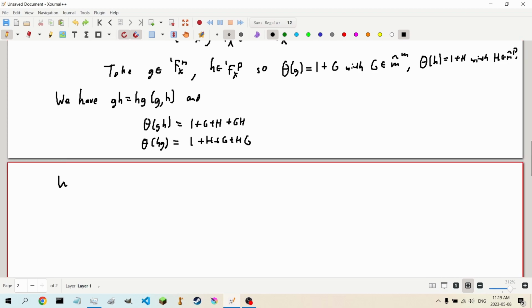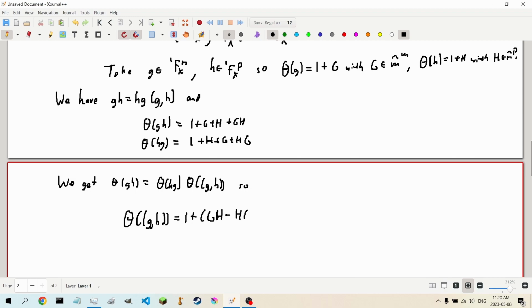We also get from the fact that theta is a homomorphism that theta of gh equals theta of hg times theta of the commutator of g and h. So theta of the commutator of g and h is equal to 1 plus GH minus HG plus some higher terms which are going to disappear.